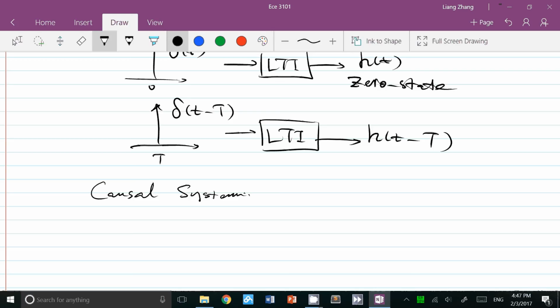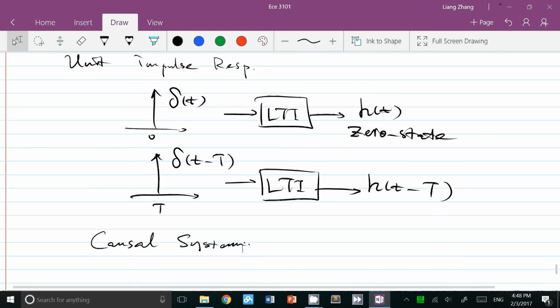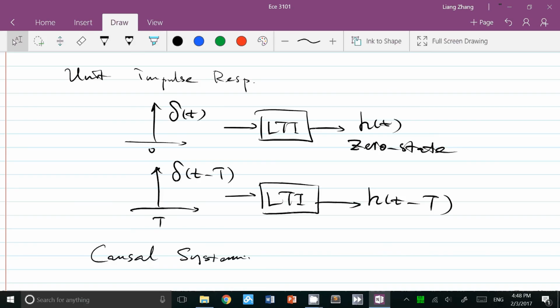So you cannot respond to future input when you haven't received it yet. Now in terms of impulse response, how do we quantify it? Again, remember the unit impulse response implies your input is applied at time 0.